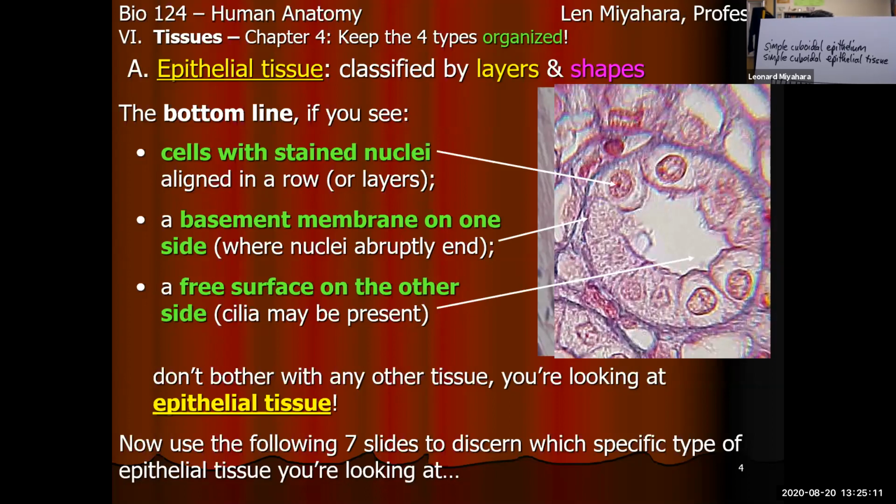That's what you need for the full point. Maybe screenshot this if you want. If you say simple cuboidal epithelial, that's only a half point. If you say simple cuboidal epithelium tissue, that's a half point. These are your only two choices.